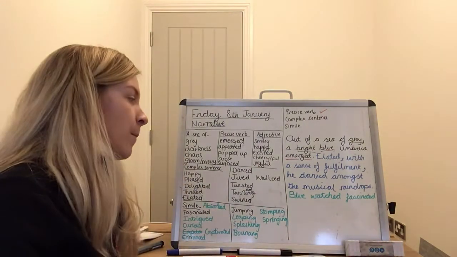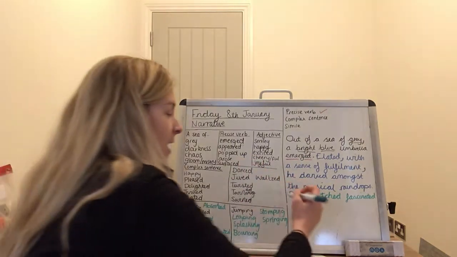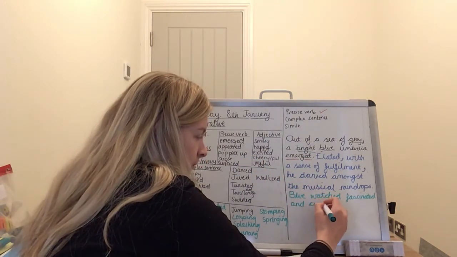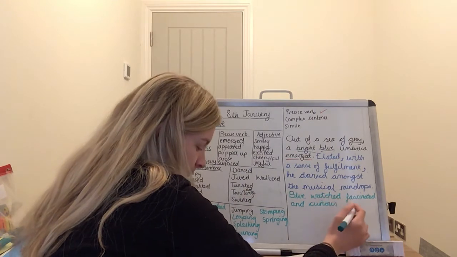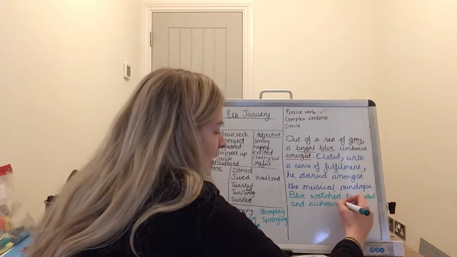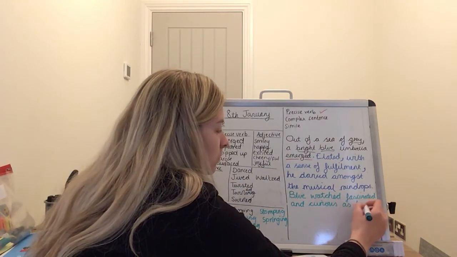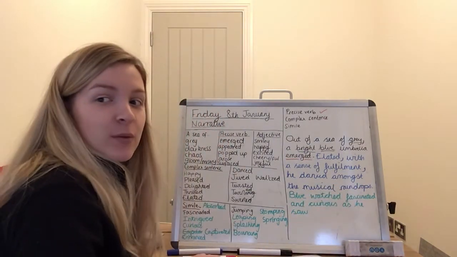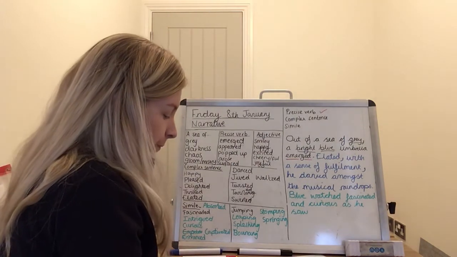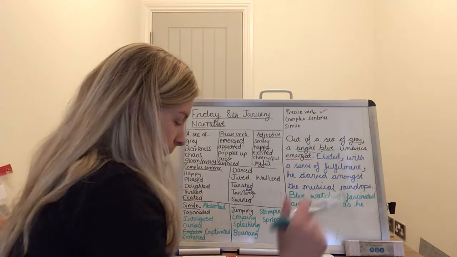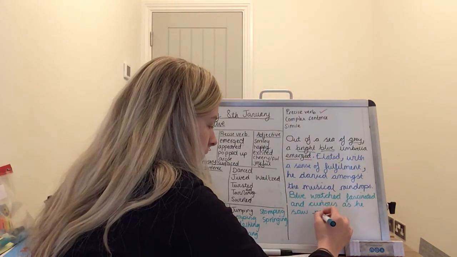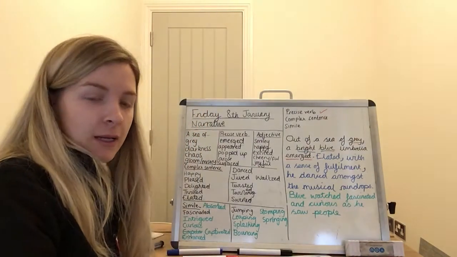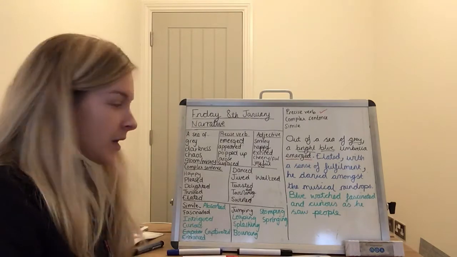I'm going to write Blue watched, fascinated and curious as he saw, spelled S-A-W, remember? People. So he's watching the people. Now here comes my simile. Choosing a word from here.